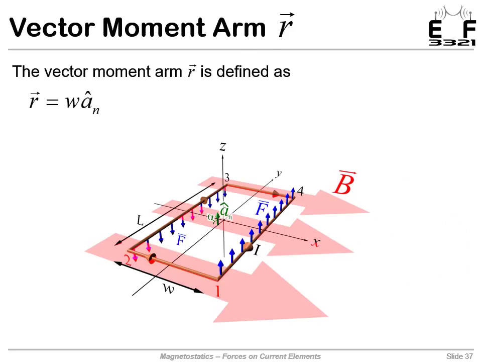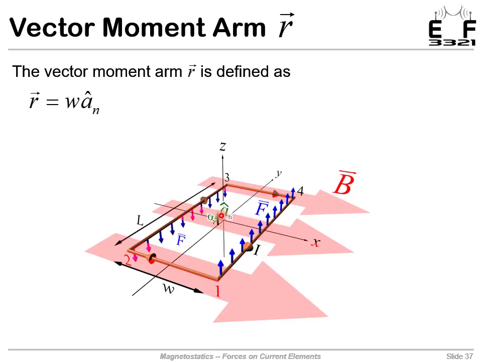When we're talking about a current loop, we have to think about what this vector moment arm is. So we have the plane of the loop, and we can define a unit vector that is perpendicular to the plane of the loop. Now this angle is not the angle with respect to the plane, it's the angle with respect to the magnetic field.